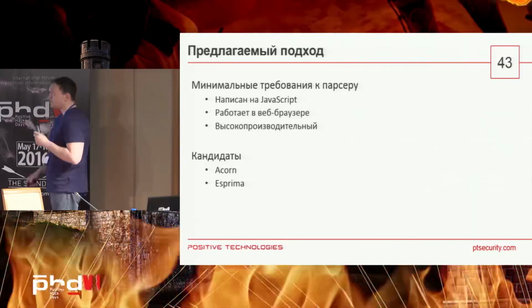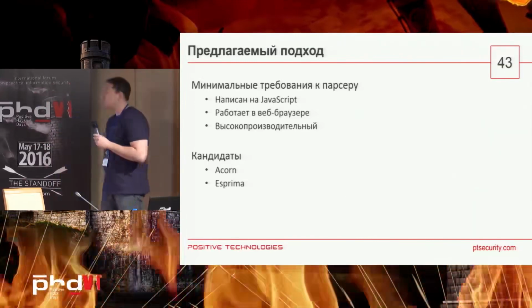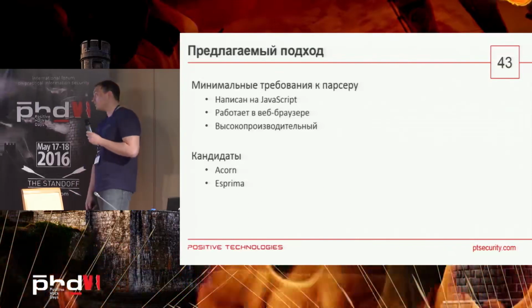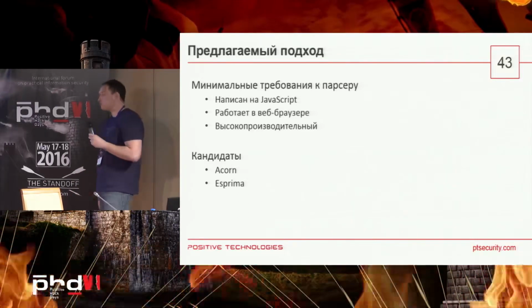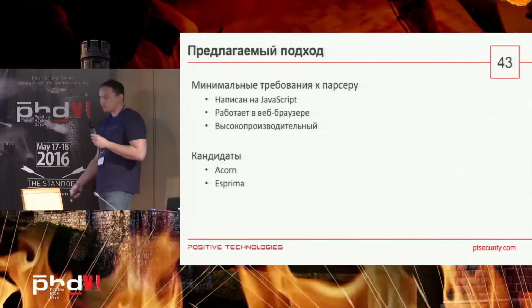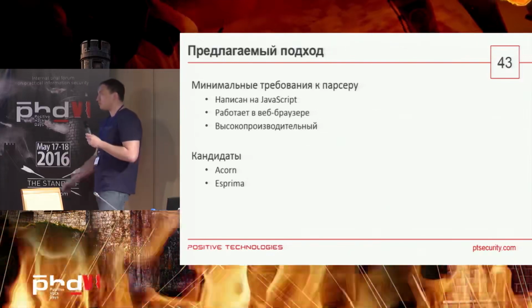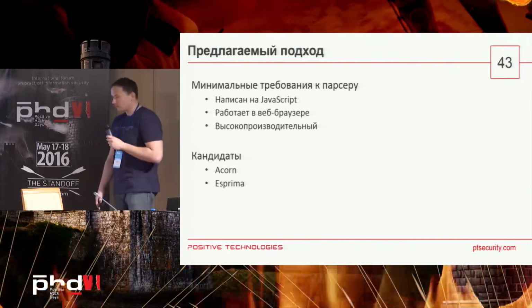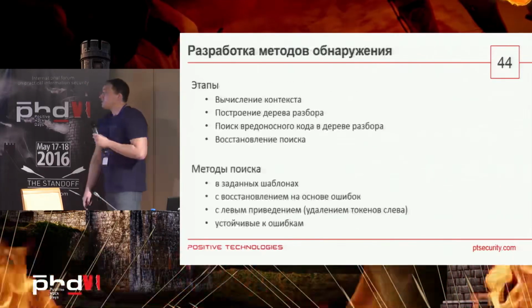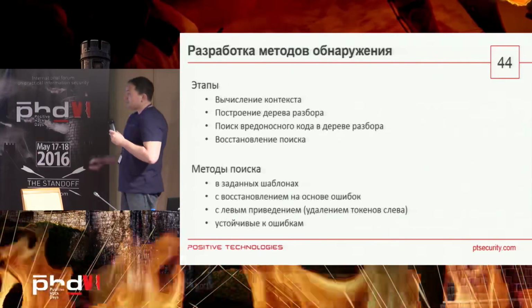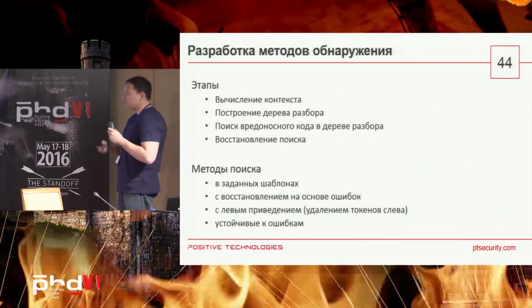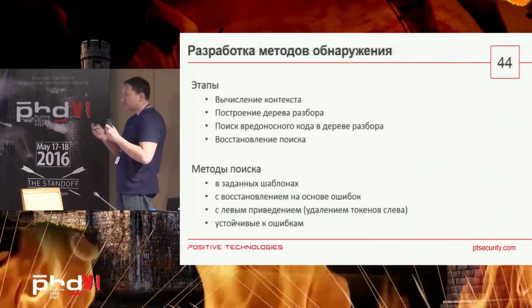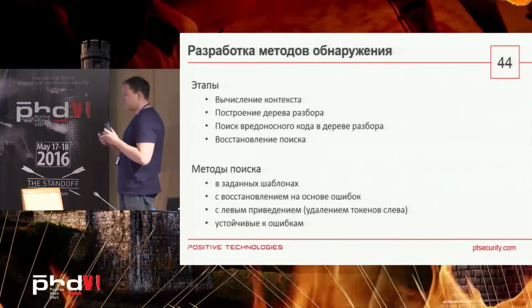Well, based on the approach I proposed, what are the requirements? These are the minimum requirements. The parser is written in JavaScript and works in a web browser. That's why it's high performance. The primary analysis showed that there are two candidates available, Acorn and Esprima, two parsers.